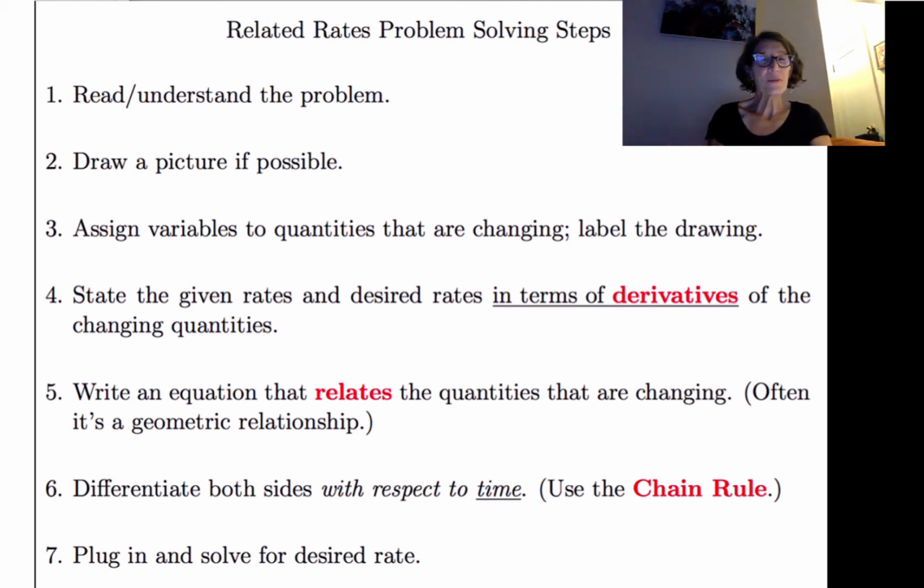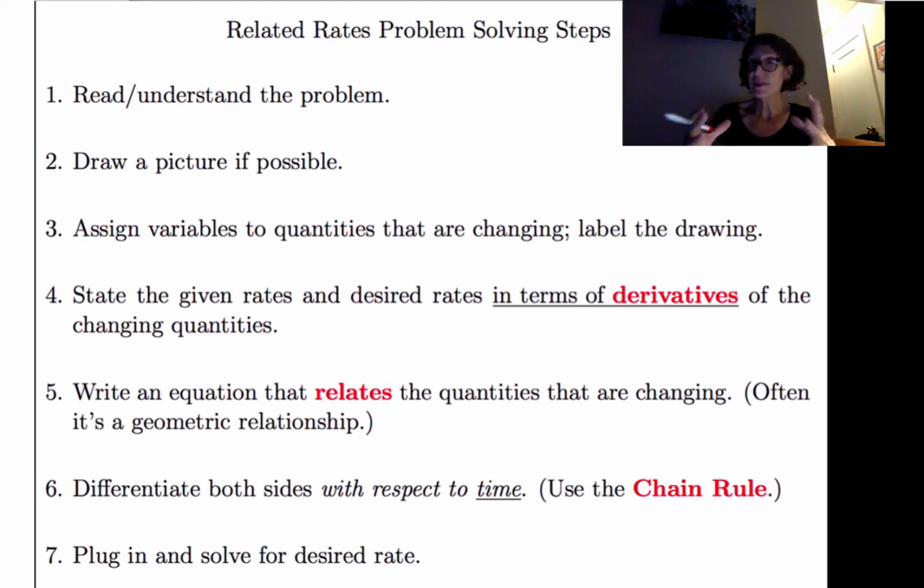Usually you read it a couple times; you may not totally understand it until you do steps 2 and 3. Step 2 is draw a picture, if possible. In many of these problems there's something geometric going on and you need to draw a picture. Step 3 says assign variables to quantities that are changing and then label the drawing with those variables.